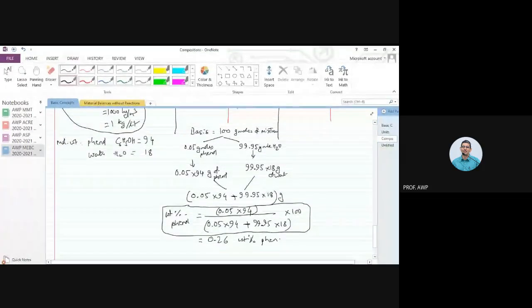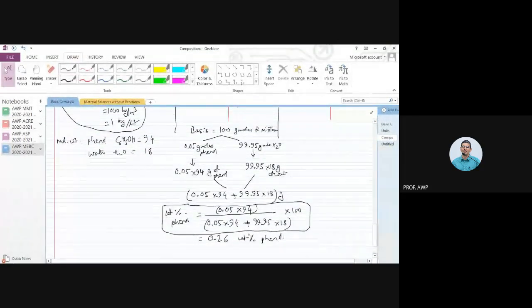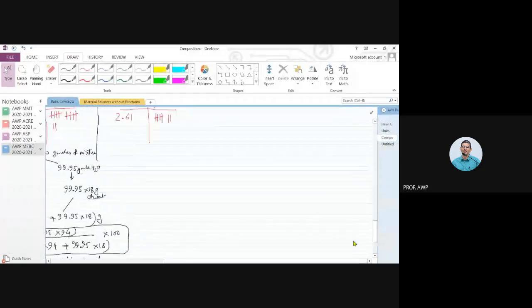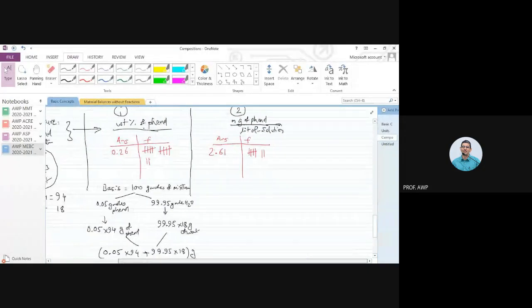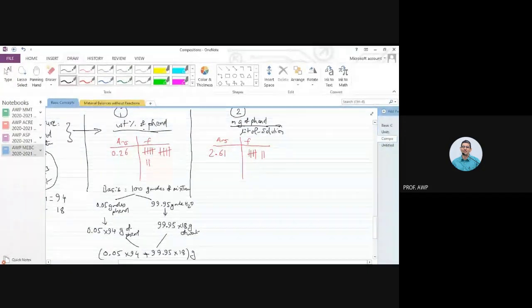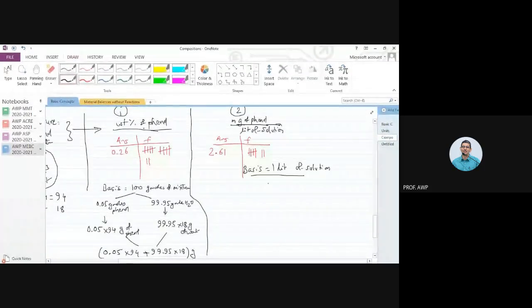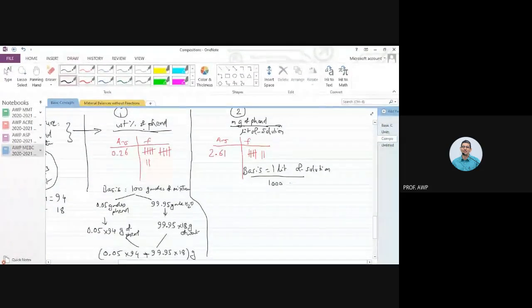phenol. Okay, now milligrams per liter. Now if you want, I can take another basis. Basis is 1 liter of solution. 1 liter of solution is same as 1000 grams of solution.